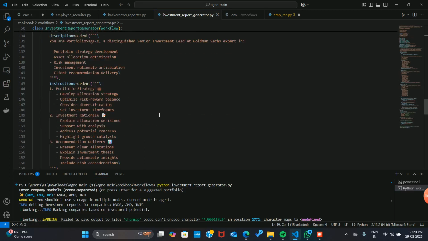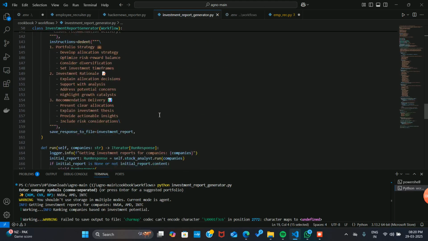And then we've got the investment lead. Obviously, this is the senior person who is going to recommend the portfolio strategy. It covers investment rationale and recommendation delivery: present clear allocations, explain investment theses, provide actionable insights, and include risk considerations.